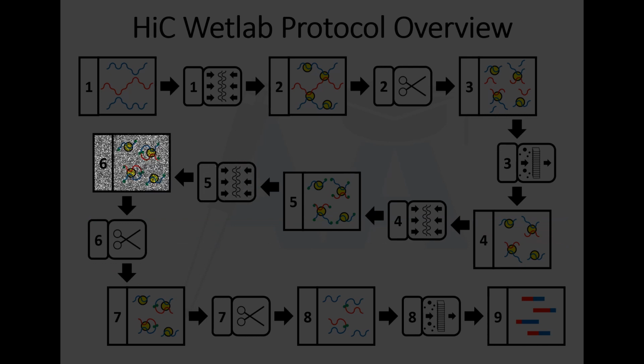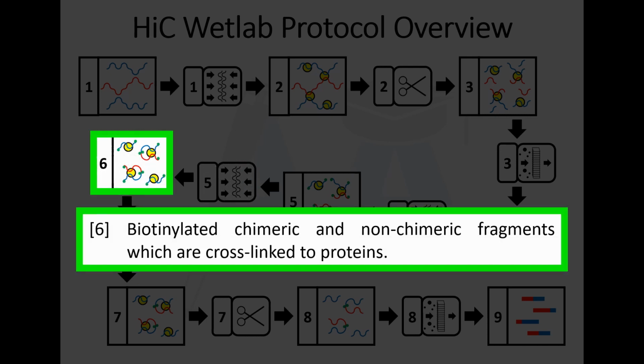This forms a mix of chimeric DNA fragments and non-chimeric DNA fragments. The chimeric DNA fragments are formed from two originally separate pieces of DNA which were ligated together, while the non-chimeric DNA fragments are singular pieces of DNA which were not ligated to any other pieces of DNA.